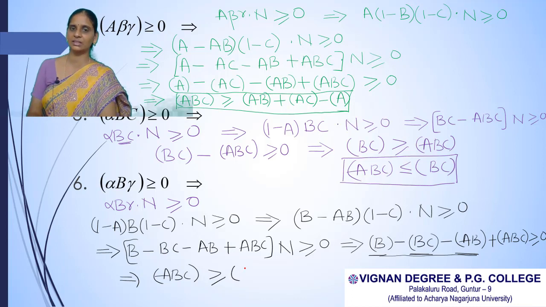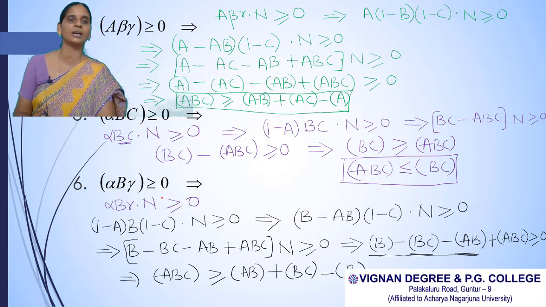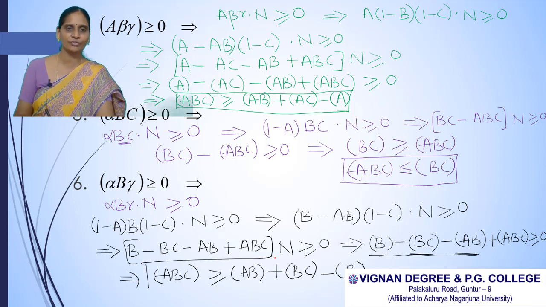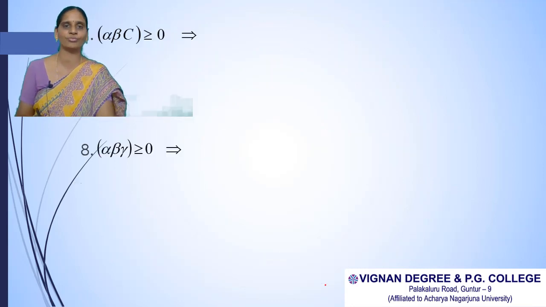Frequency of ABC is greater than or equal to frequency of AB plus frequency of BC minus frequency of B. So this is another consistency condition, that is frequency of alpha B gamma is greater than or equal to 0. We get here frequency of ABC is greater than or equal to frequency of AB plus frequency of BC minus frequency of B.